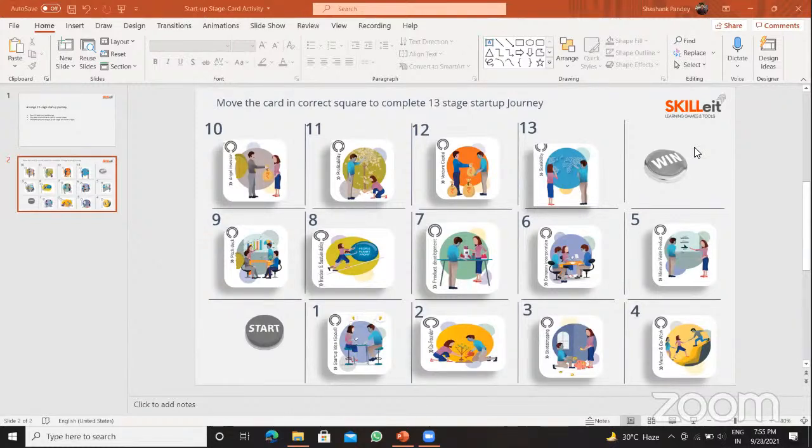Then the ninth step will be pitch deck. A pitch deck basically is a kind of presentation in front of your to-be investors. I'm not getting the accurate word, but it is to present your idea and your business plan in front of your to-be investors. And then the next step will be angel investor.